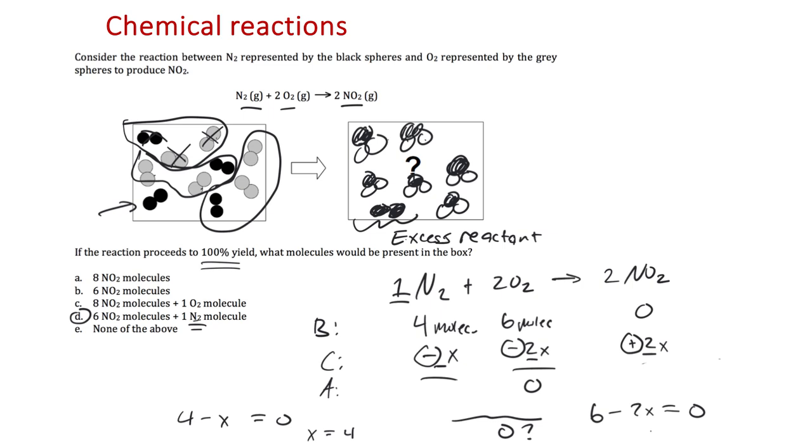Therefore x would be 3. Then 4 minus 3 would be 1 molecule of N2 left over, and plus 2 times 3 would be 6 molecules of NO2 forming. So after the reaction completes, we've hit 0 with our O2, we have 1 N2 left over, and we have 6 molecules of NO2 that have formed.